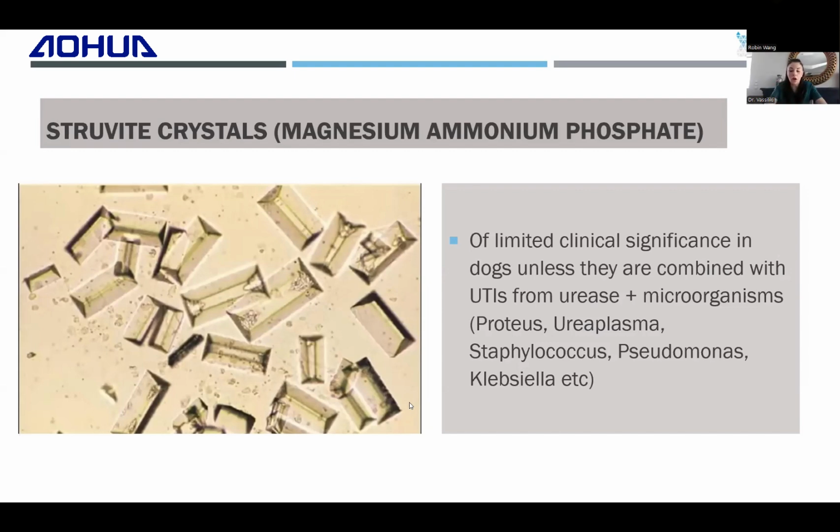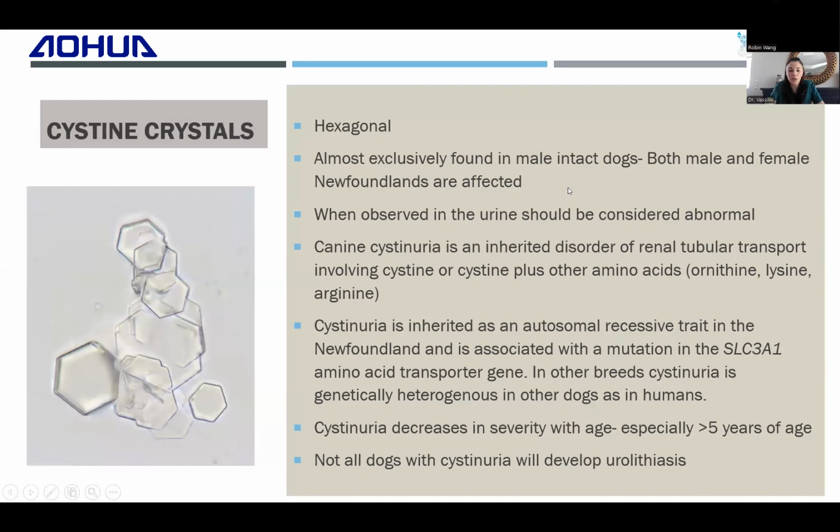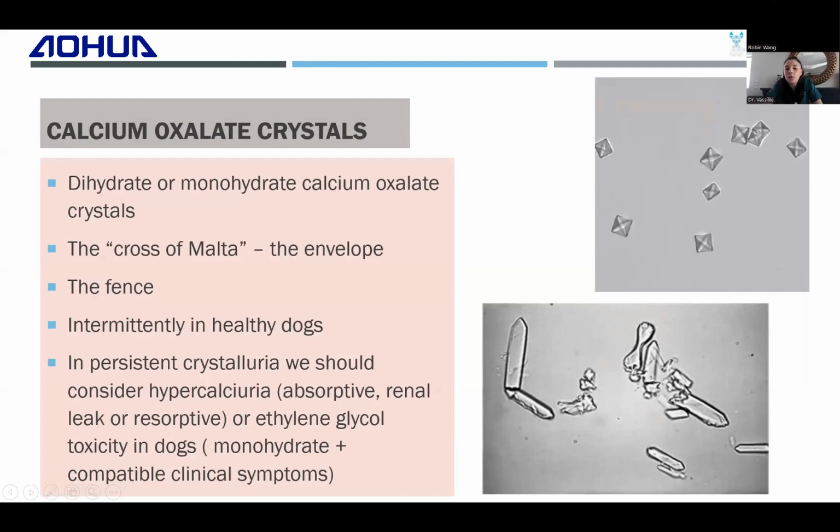And we're talking about dogs, because in cats, it's different. Oh, and about the formation, I'm sorry, you see that they have this coffin. We're going to talk about the shapes, but most of the time they have this coffin-like appearance. Okay. And then we go to the calcium oxalate crystals.